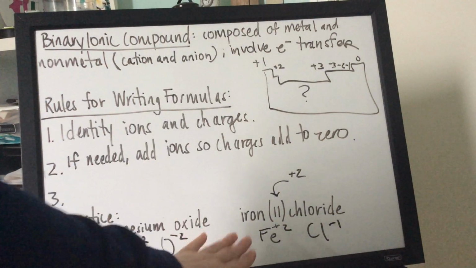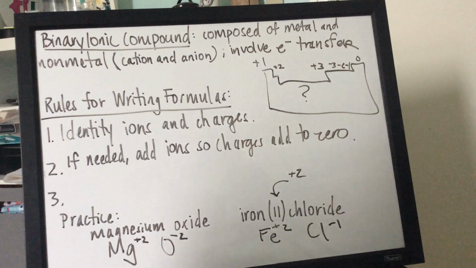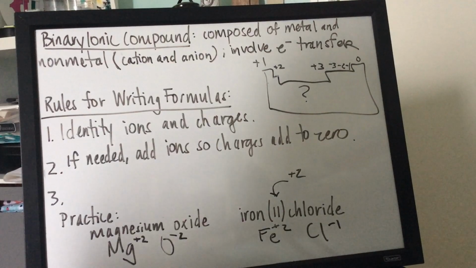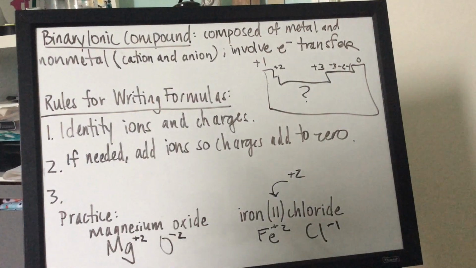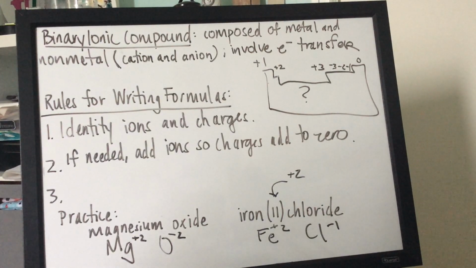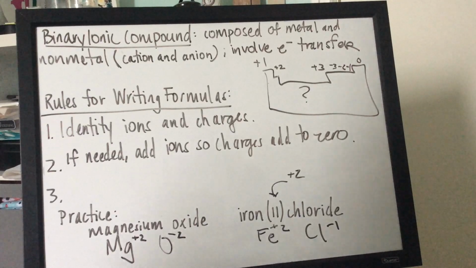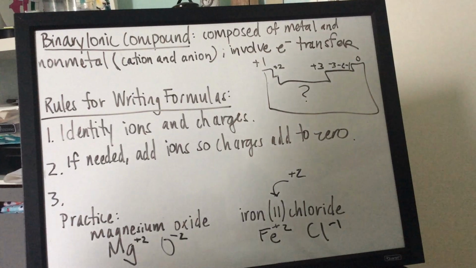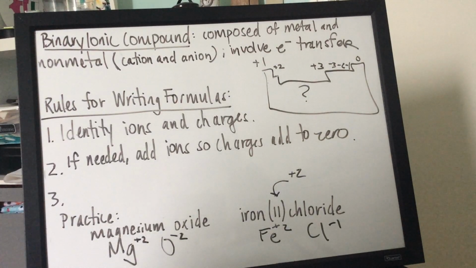But in my second example, I have iron +2 and chlorine -1. If you add +2 and -1, it's not 0, so I can't leave it like this. I have to have my charges add to 0. So I need to add either more iron +2 or more chlorine -1 to get my charges to add up to 0.